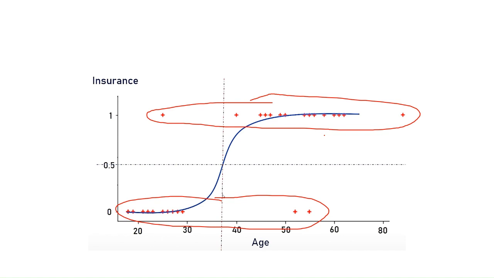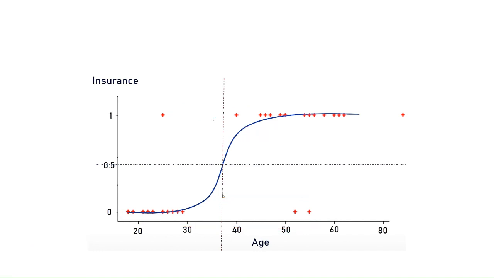If we use this S-shaped curve for classification, for example, for this point, the output will be this particular value, which is above the threshold of 0.5.